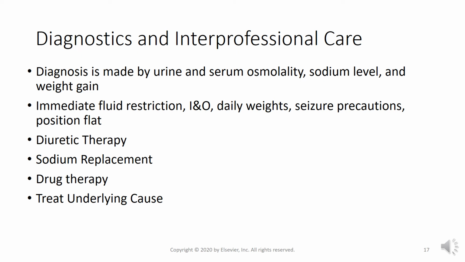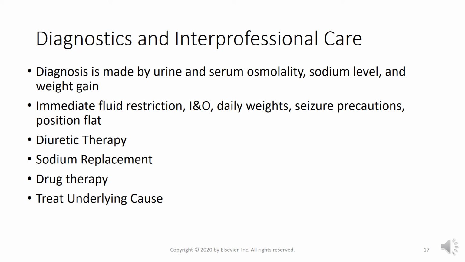There's also some drug therapy which decreases the responsiveness of ADH in the renal tubules. Conivaptan and tolvaptan are two newer medications that can decrease renal responsiveness to the ADH.